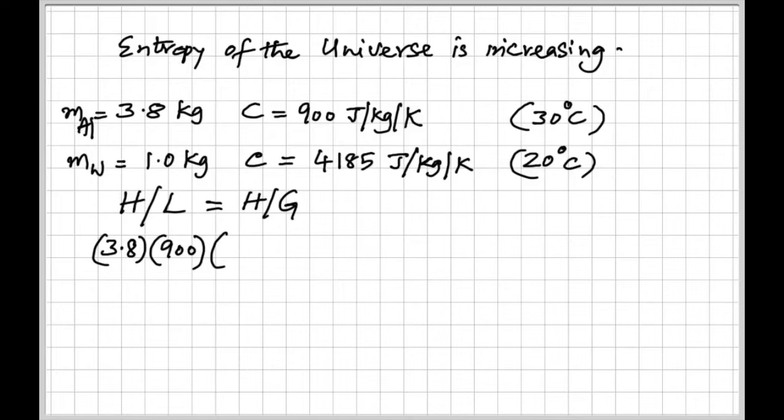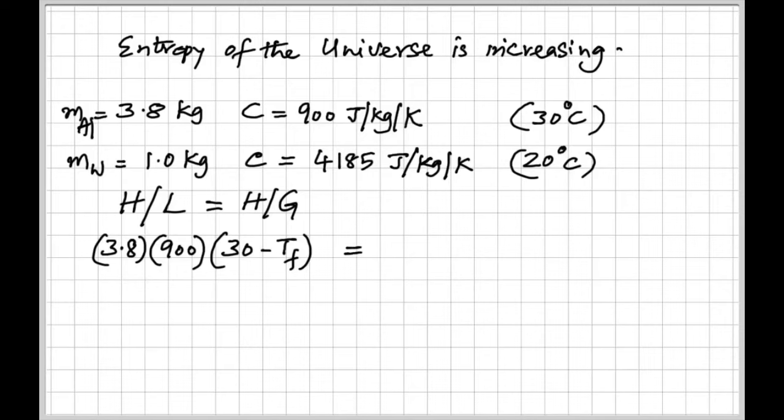It started from 30 and it goes down not to 20, but to what we're trying to find. 20 is the temperature of water, correct? 30 cools down to something, 20 heats up to something. Many students make a mistake of putting the final as 20. It's not. So it's 30 minus T final, which we did not know.